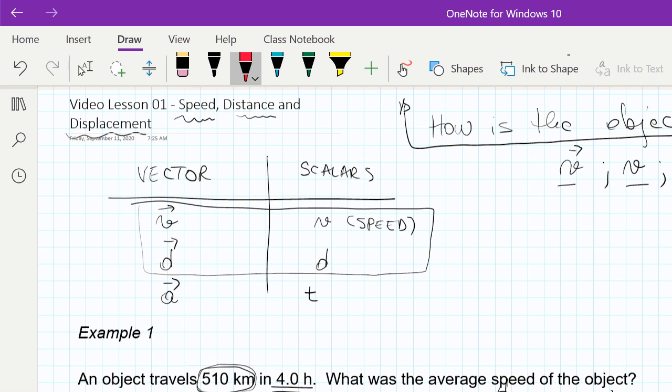this distance is on 3 significant digits. Time is on 2 significant digits. Therefore, the final answer has to be on 2 significant digits.